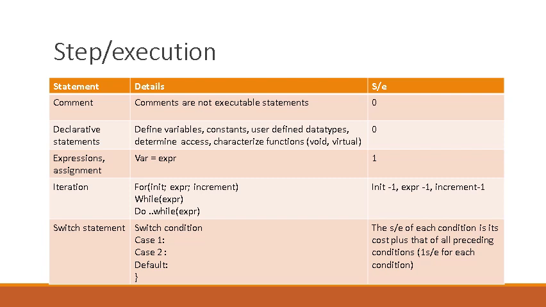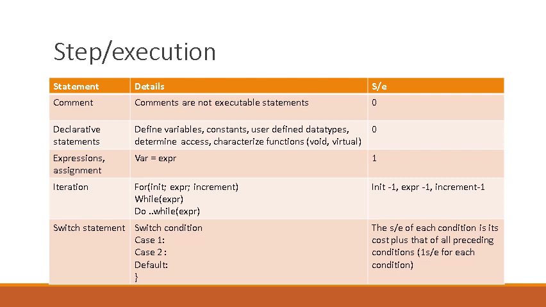Now in that expression multiple operators may be available, and executing the statement may involve multiple operations, but for calculating time complexity, even if n operators are present, we consider the assignment statement's step execution as 1.